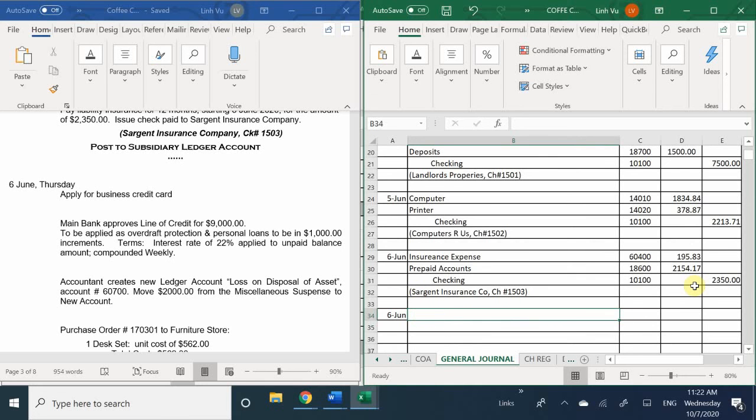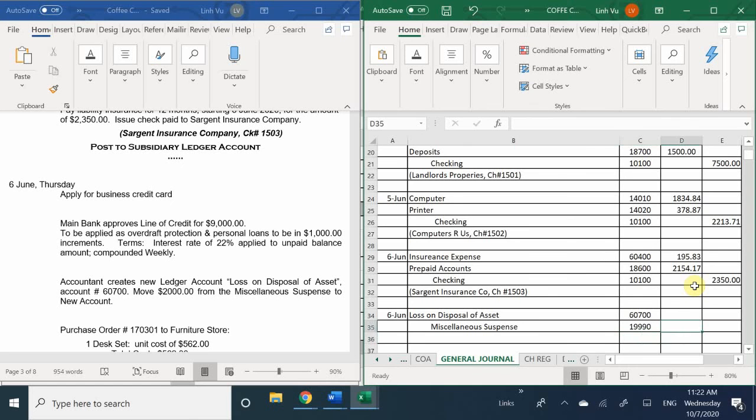Okay? So loss on disposal of asset. And here we're going to be crediting our miscellaneous suspense. Okay? And we know that this is 6,700. And we know miscellaneous suspense should be 19,990.